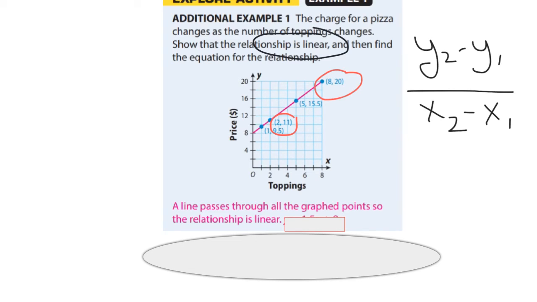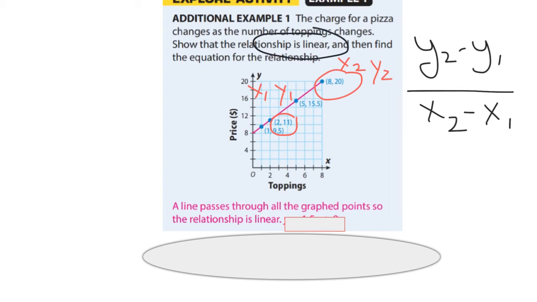Any 2 points will do. I'm going to call this one my x2, y2, and this one my x1, y1, because I know I'm subtracting. If I take a larger number and subtract a smaller number, I'll keep it positive. Little math things that you should know.